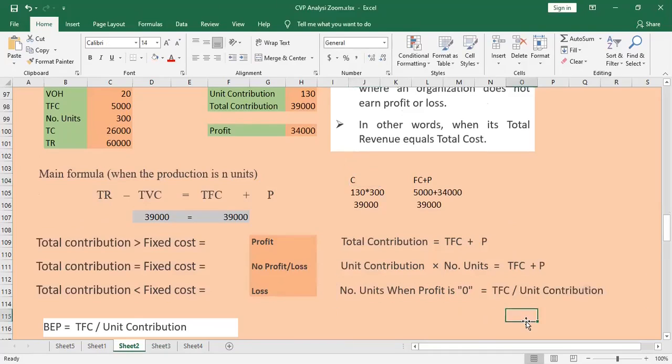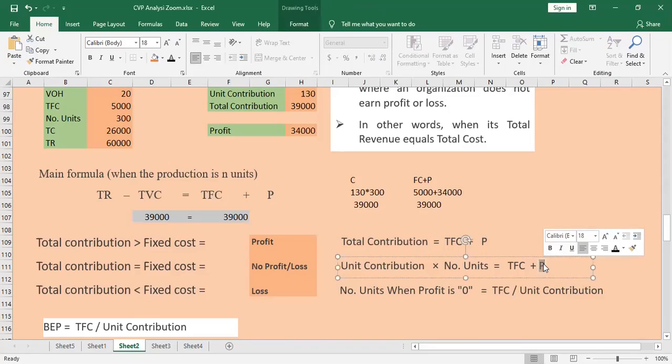And the other thing here is, since we are looking at the point when the total contribution is equal to fixed cost, we know that at the break-even point profit is equal to 0. Since there is no profit, instead of profit I can add 0, no profit, right?